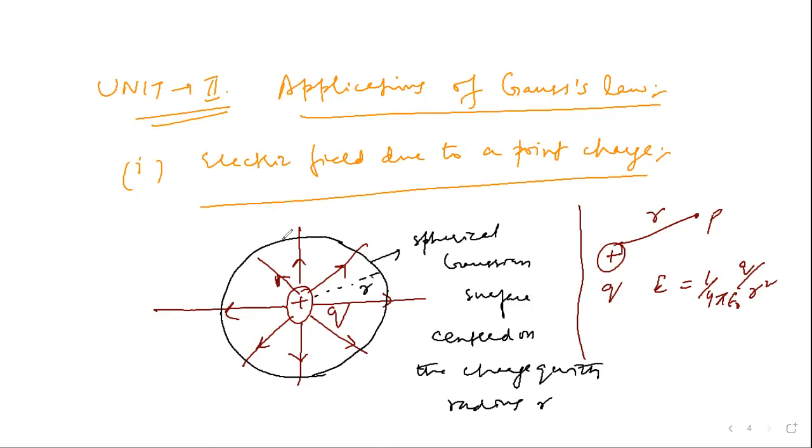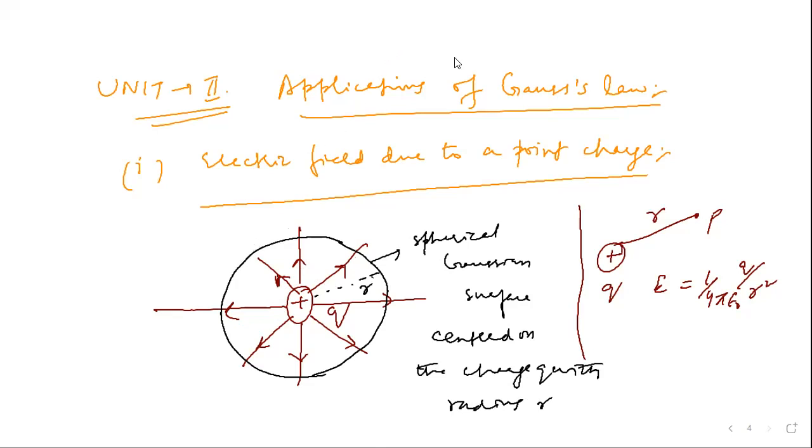Now why we have selected this Gaussian surface? Because when it is centered on the charge, at every portion of the Gaussian surface electric field will be constant. Another thing, electric field everywhere is radially outward, so area vector and electric field will be everywhere parallel.